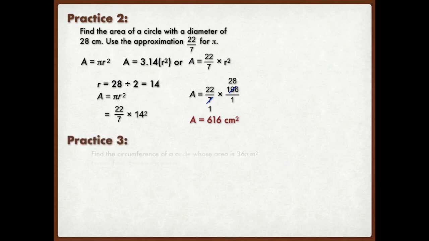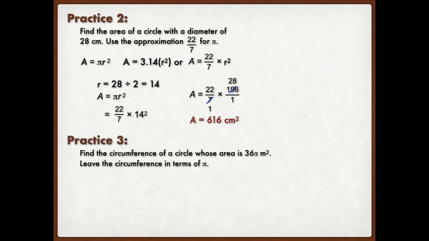Now this last practice problem is a little more difficult. What we're going to do is we're actually going to have to find the circumference, and we're given the area. Usually we're given the radius and we have to find the area. But in this case, we're going to work our way backwards. So let's write out the equation.